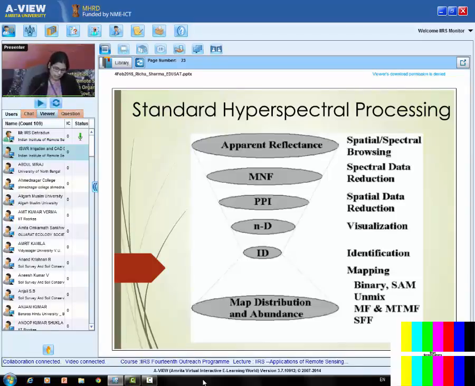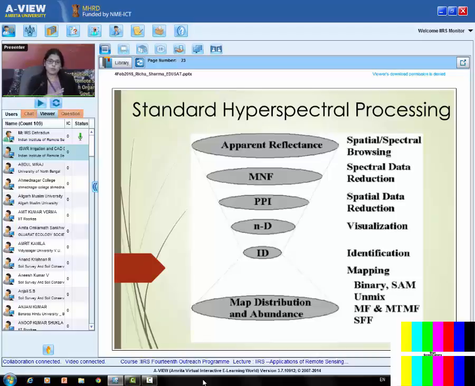And whenever, by the spatial data reduction technique, or what we say the pixel purity index or the PPI, we generate a PPI image in which we get a few pixels, those pixels are the purest pixels.